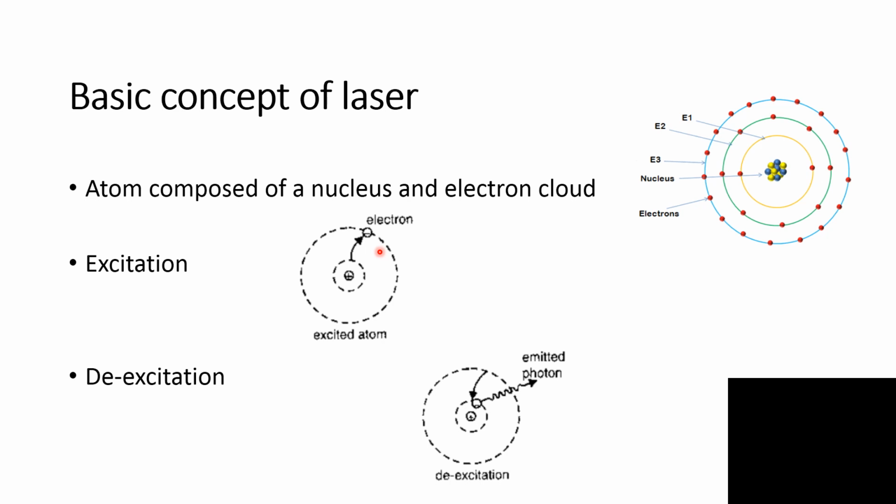This state is an unstable state, so it has to come back to its original position. So in de-excitation, it returns back to its original energy level and then it emits a photon. We call it de-excitation. These processes we will study later, and they are very basic phenomena of the atom, and they are very necessary for laser light to happen.